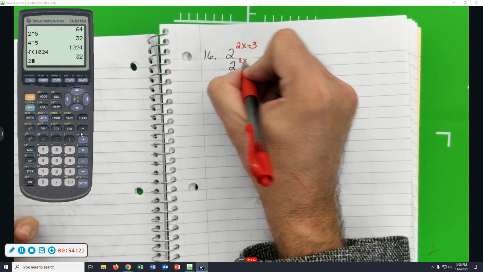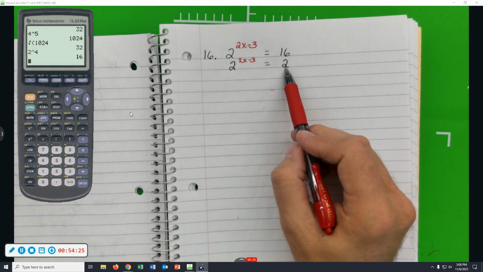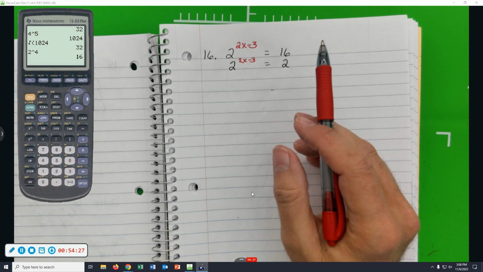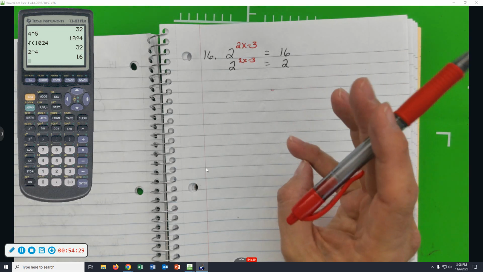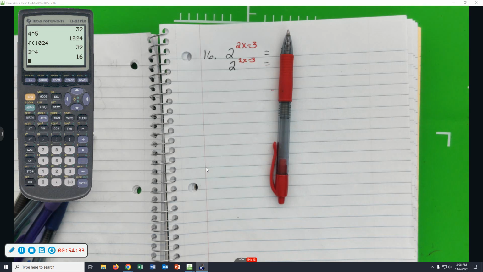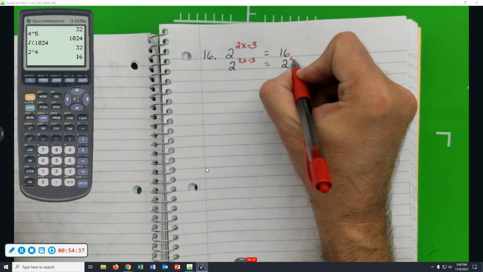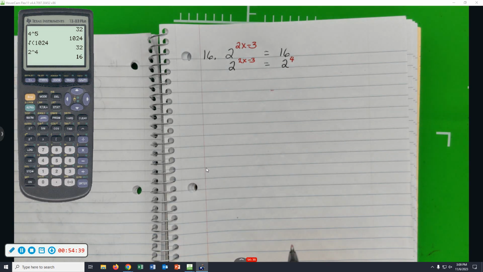So maybe 2 to the 4th power? I agree. 2 to the 4th. 2 times 2 times 2 times 2 is 16. If you doubt it, punch it in your calculator.